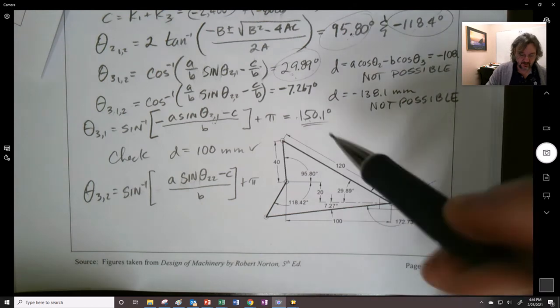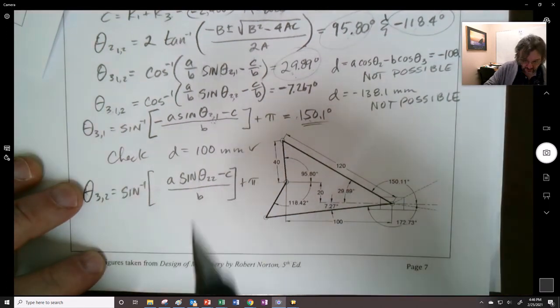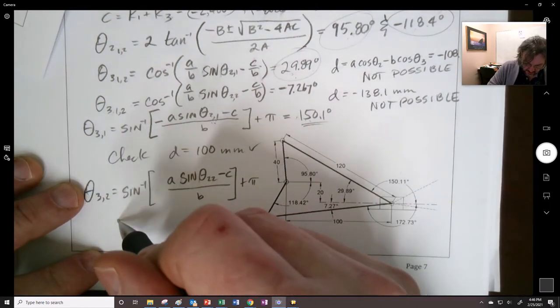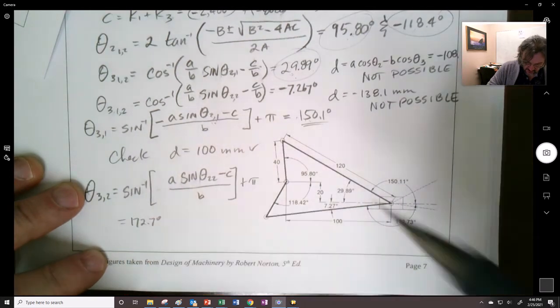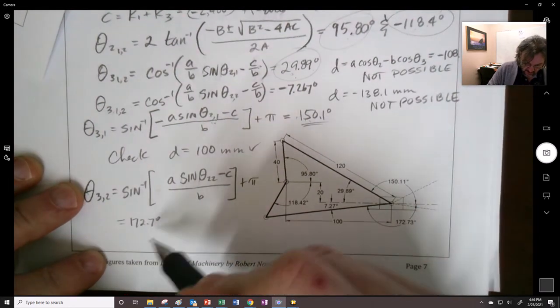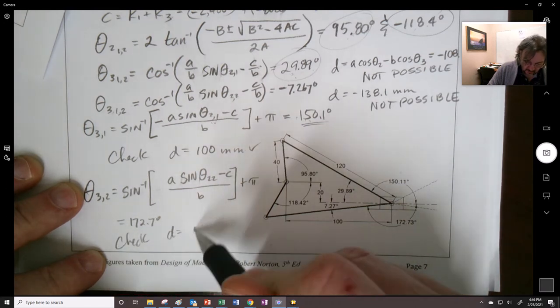For some reason we're doing pi plus the pi in there, but it works. It does work out. We do get the correct thing if we put this in here. If we do this, I end up getting 172.7 degrees. And if I plug that in and check, I get 100 millimeters.